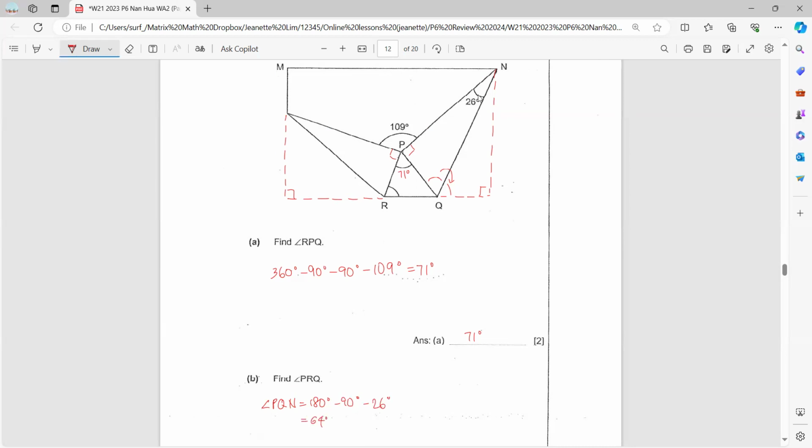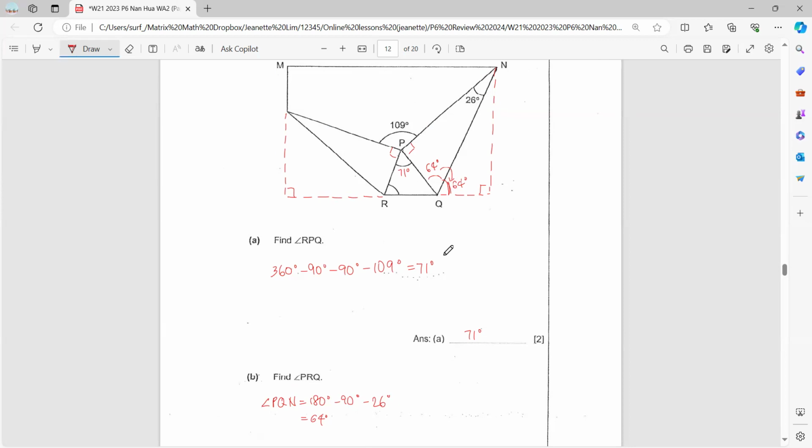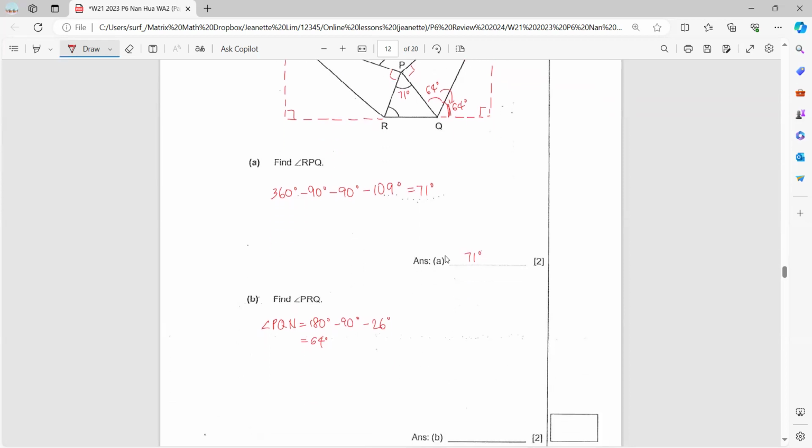$64. So this angle here is 180 minus 2 times 64. That is PQR. 52.